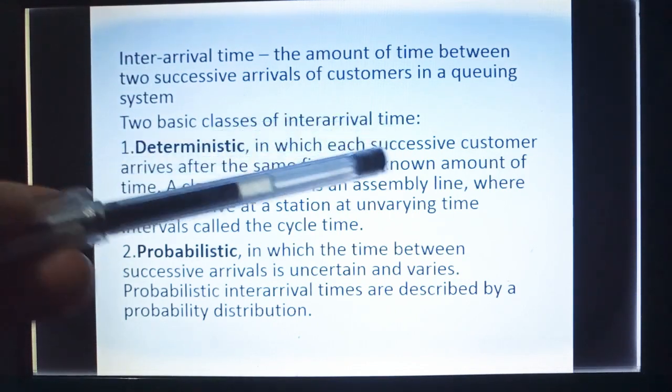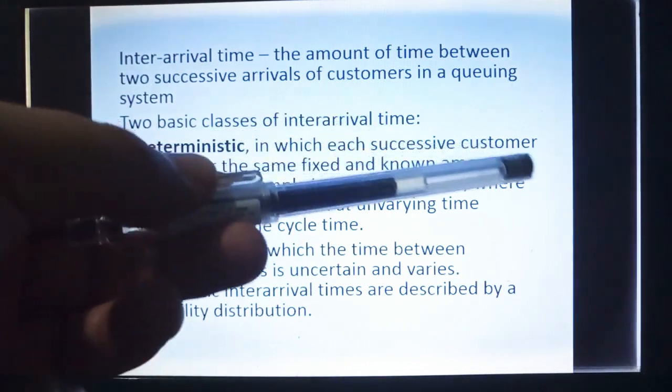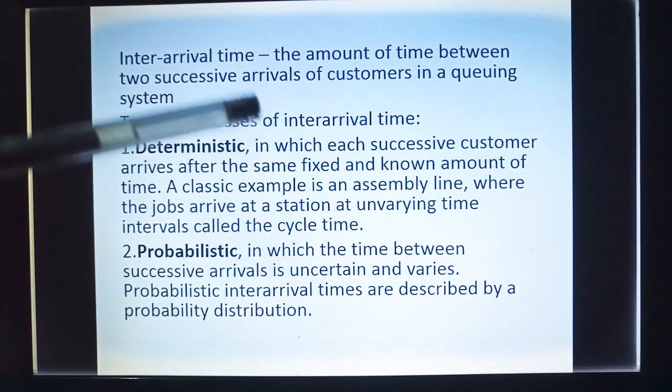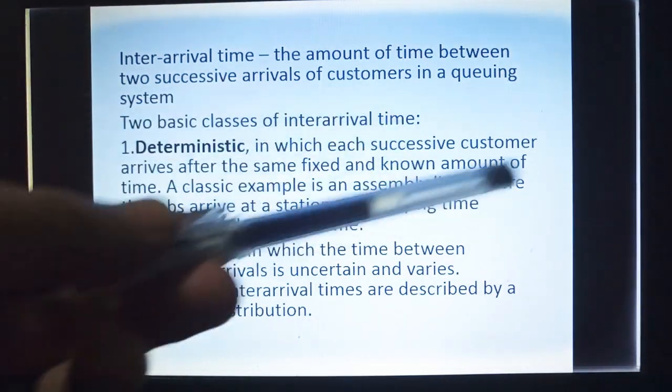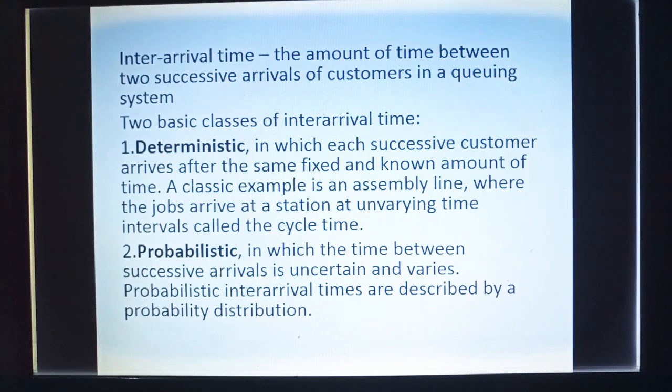So each successive customer arrives after the same fixed amount of time. Every 5 minutes, for example, an individual will arrive at a store. That is an example of deterministic.